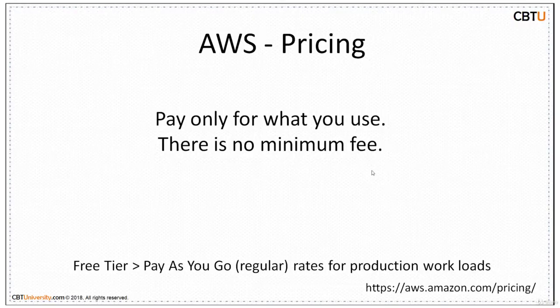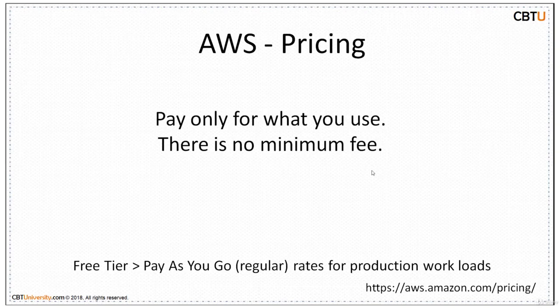AWS offers a pay-as-you-go approach for pricing for over 120 cloud services. With AWS, you pay only for the individual services you need for as long as you use them, without requiring long-term contracts or complex licensing. AWS pricing is similar to how you pay for utilities like water and electricity.